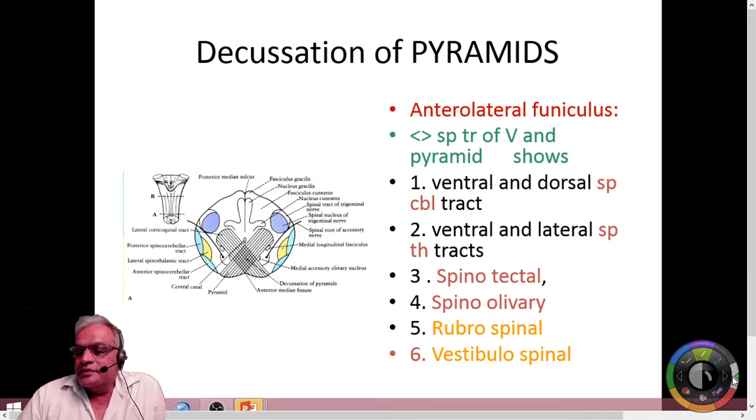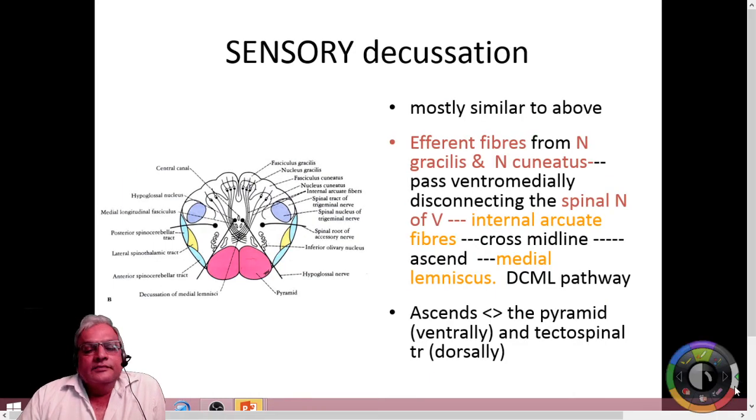Now, of course, we come to the next slide. So this is the level of the sensory decussation. Now, do all sensations decussate here? No. The spinothalamic tracts, the anterior and lateral spinothalamic tract, decussate at the same segmental levels or slightly above. So that is where they decussate.